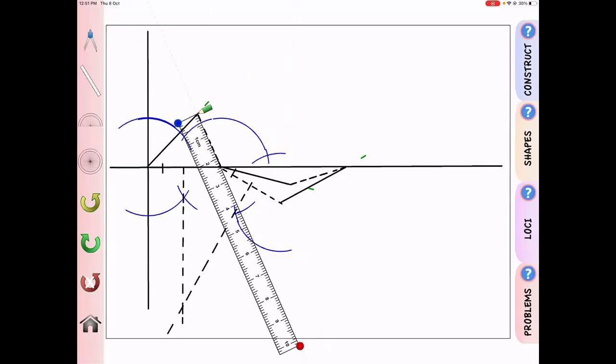So it is approximately D1, D2 is 24, let's say, right? So 12 would be the midpoint, okay? So this is 12 here, approximately here.